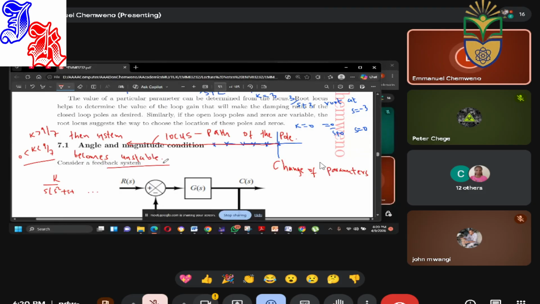This tells us something, that the location of the roots changes with k.